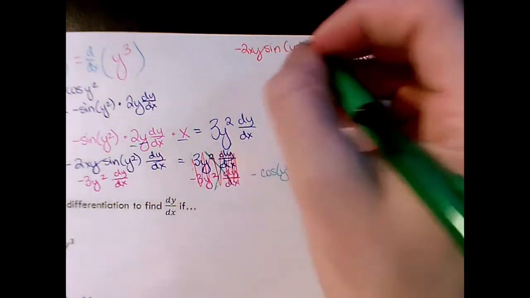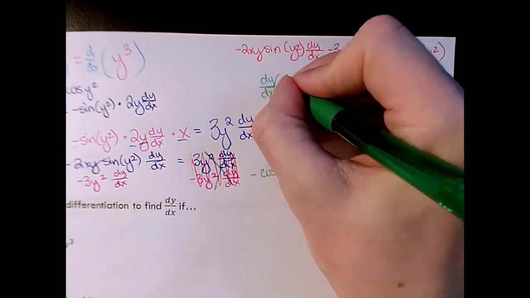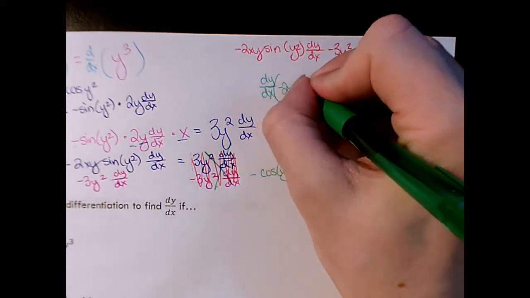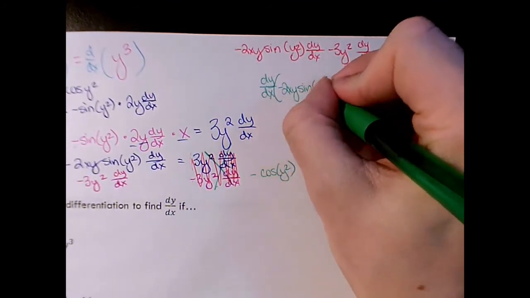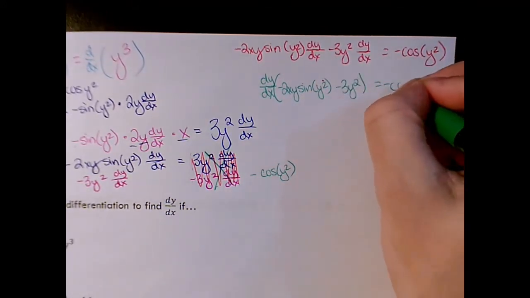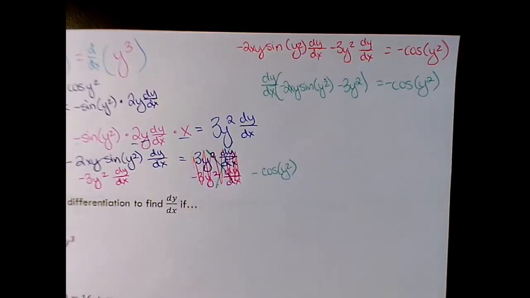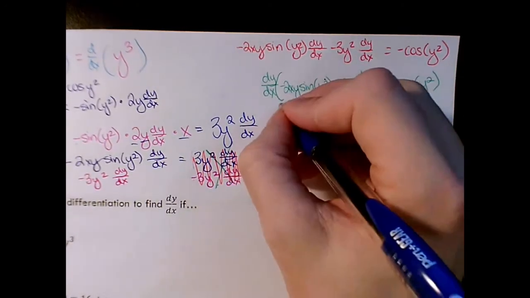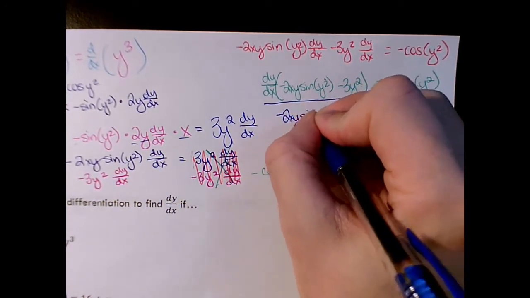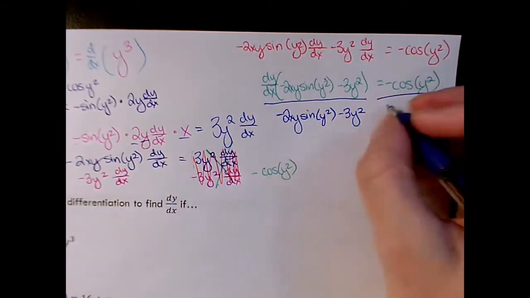Let's factor out the dy dx. When I do that, I have negative 2xy sine y squared minus 3y squared equals negative cos y squared. And now divide both sides by negative 2xy sine y squared minus 3y squared, both sides.